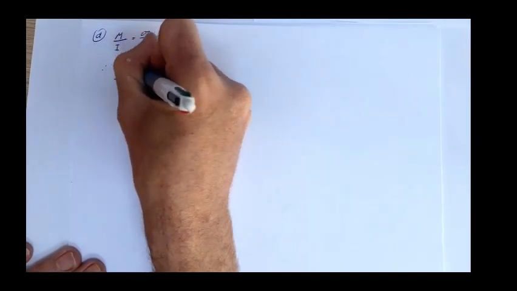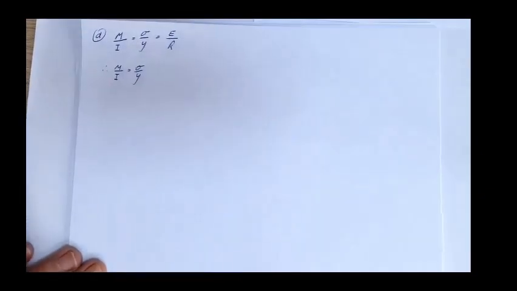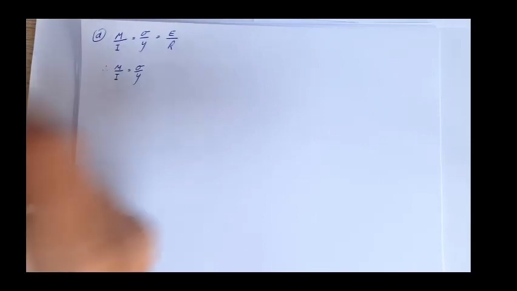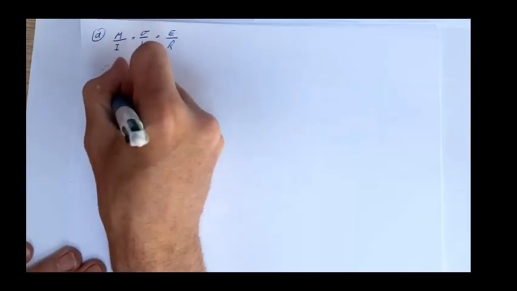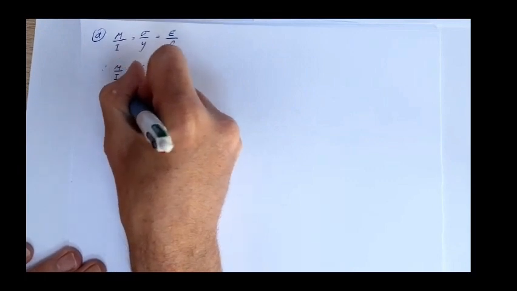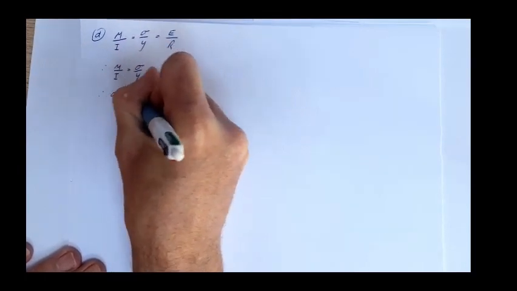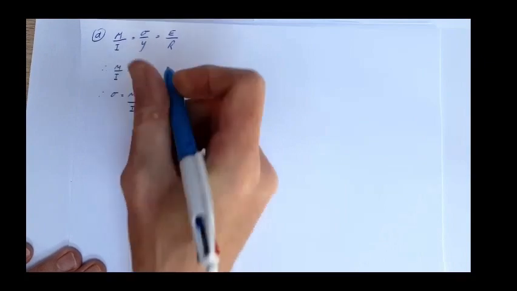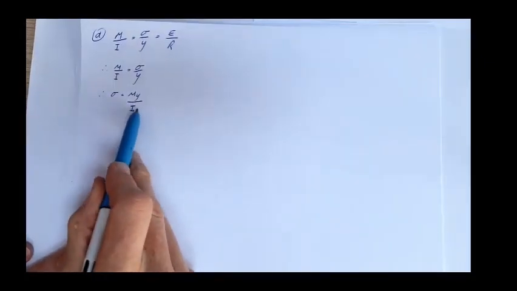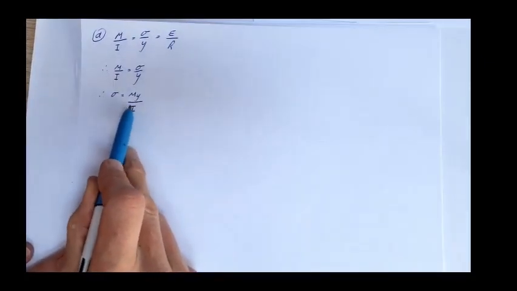We're asked to calculate the maximum stress in the beam, so we're going to rearrange that: sigma equals My over I. We've just calculated I in parts A and B.